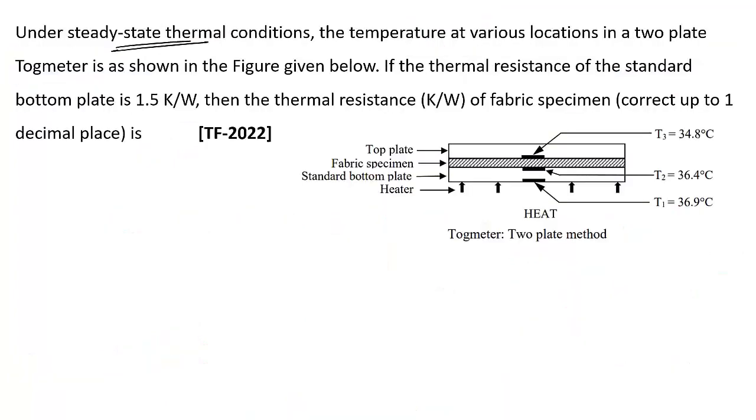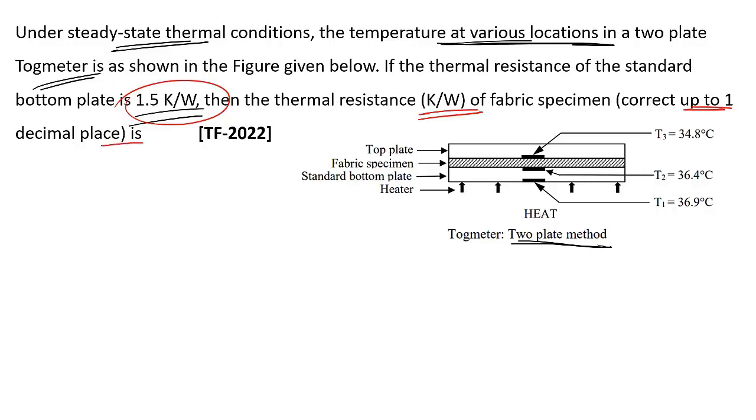Under steady state thermal conditions, the temperature at various locations in a two-plate togmeter is shown in the figure given below. If the thermal resistance of the standard bottom plate is 1.5 Kelvin per watt, find the thermal resistance in K by W of the fabric specimen, correct up to 1 decimal place.